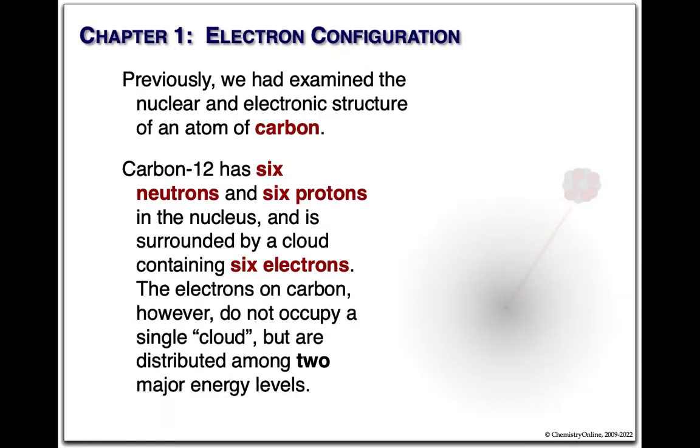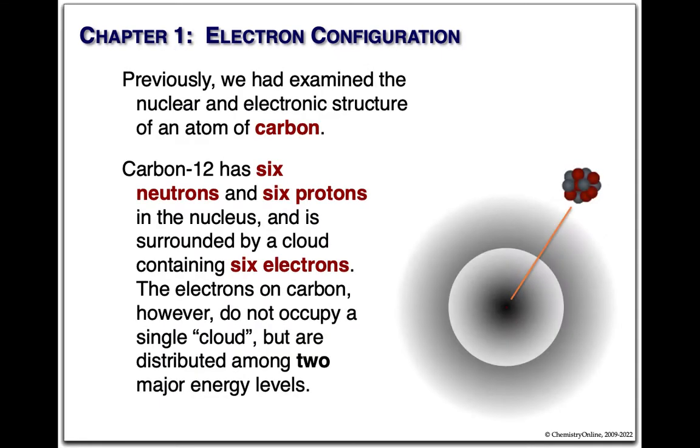All right, when we talked about carbon, we said that carbon has an atomic number of 6, so neutral carbon has 6 protons and 6 electrons. The image that I put up was something like this, little tiny nucleus in the middle, and these represent the electrons around it.